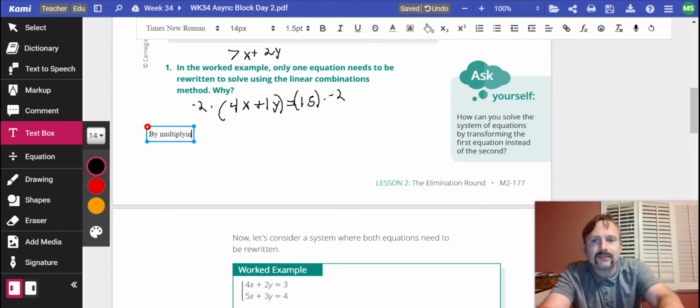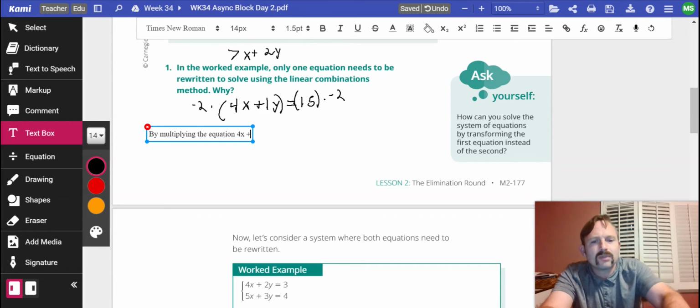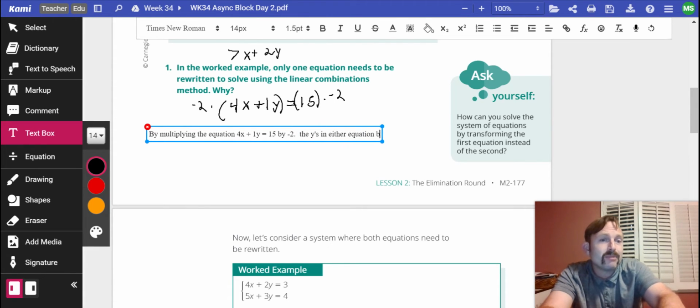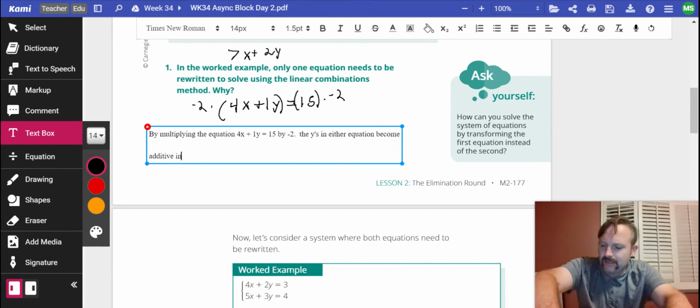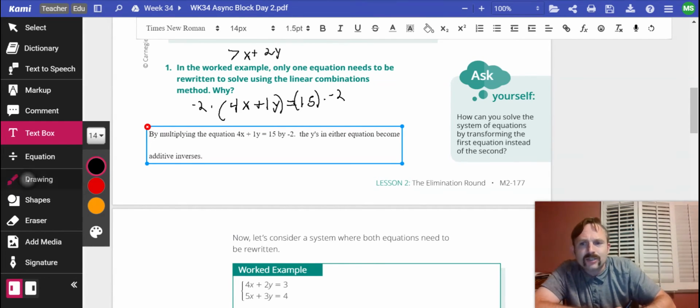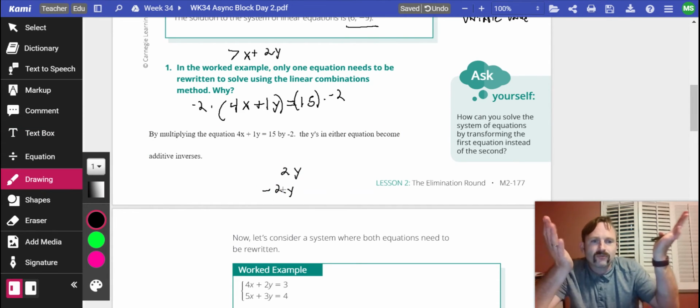By multiplying the second equation, let's type it out: 4x plus 1y is equal to 15, times -2. The y's in either equation become additive inverses. So in all actuality, we get a 2y and a -2y, and when we add them together, 0.